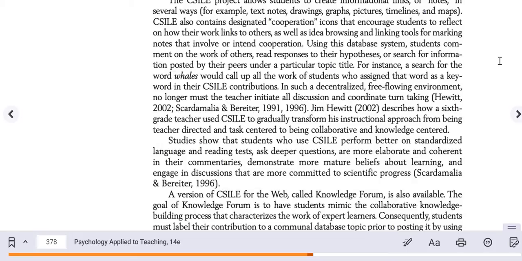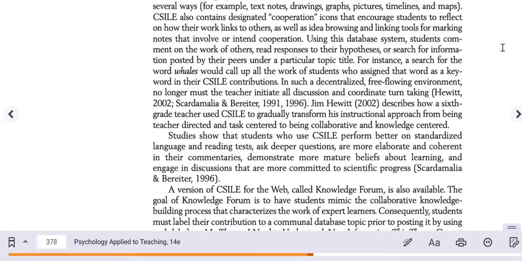In such a decentralized, free-flowing environment, no longer must the teacher initiate all discussion and coordinate turn-taking. Jim Hewitt describes how a 6th grade teacher used CSILE to gradually transform his instructional approach from being teacher-directed and task-centered to being collaborative and knowledge-centered.